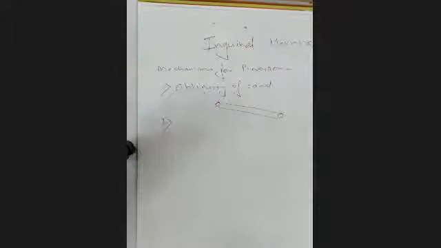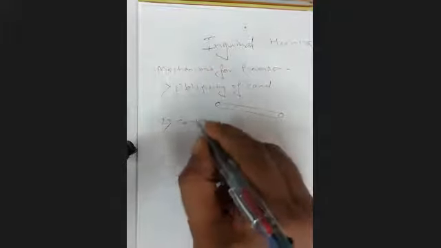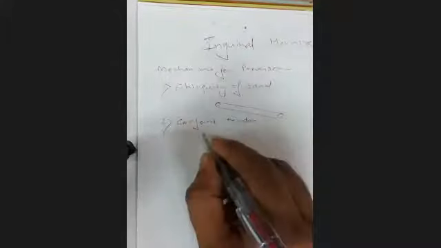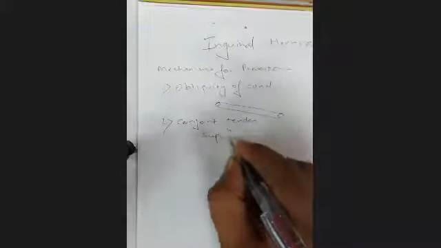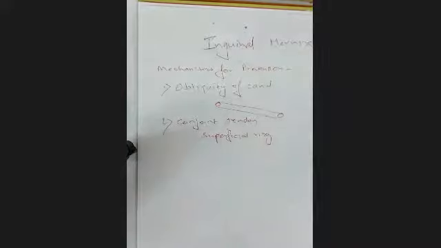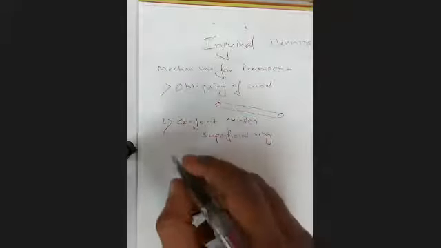Then there is the conjoint tendon, which guards the superficial inguinal ring. Similarly, the deep ring is also guarded by the internal oblique.